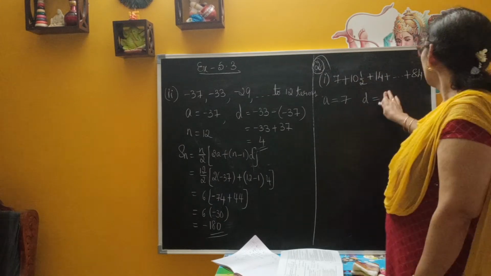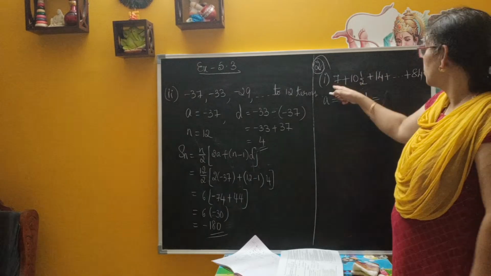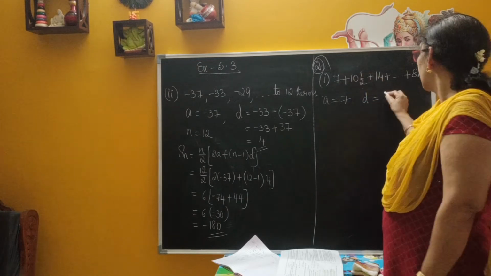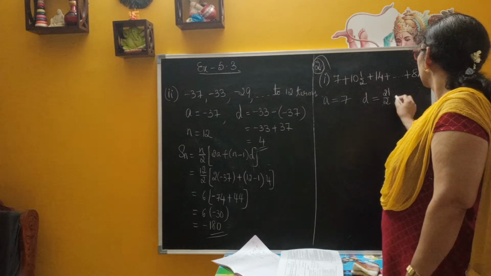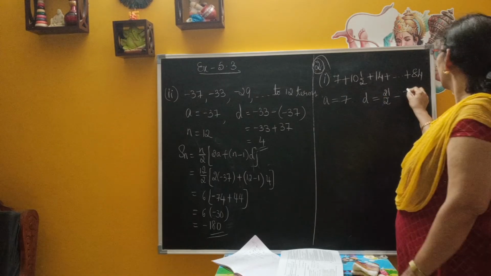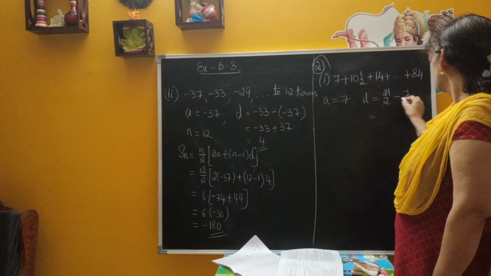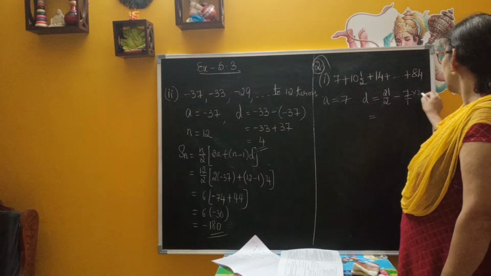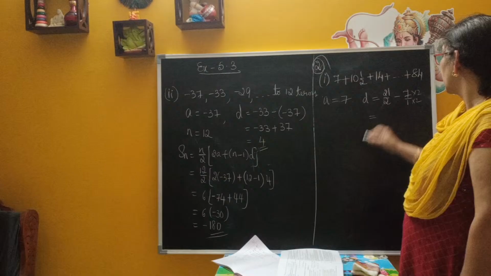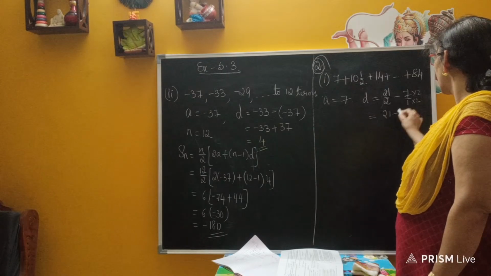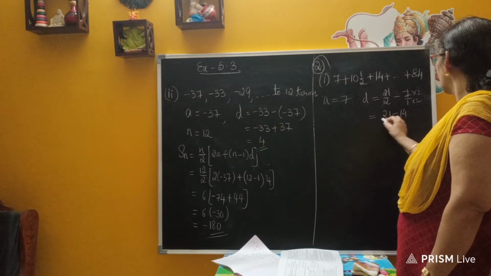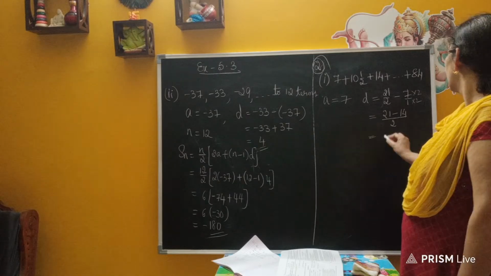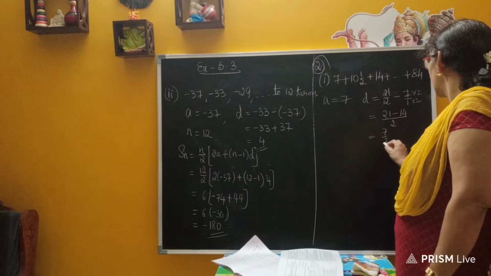Okay, so it is, or we can suppose if you have any confusion, just what do we get here? 10 2s are 20, 21. 21 by 2 minus 7. So take LCM. If you take LCM, this is 7 by 1. So 2 must be multiplied for both. 21 minus 2 sevens are 14 by 2. What do we get? 7 by 2.